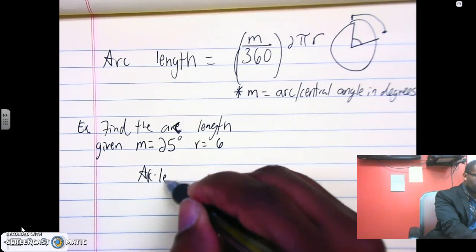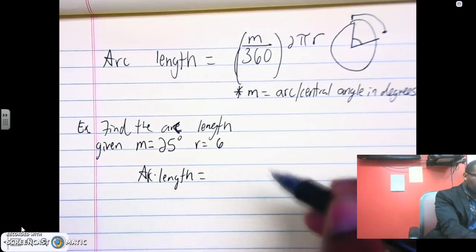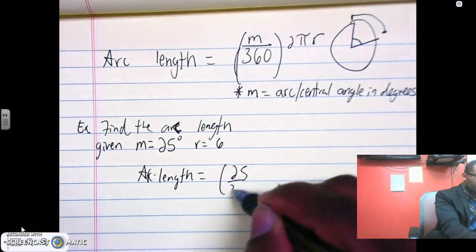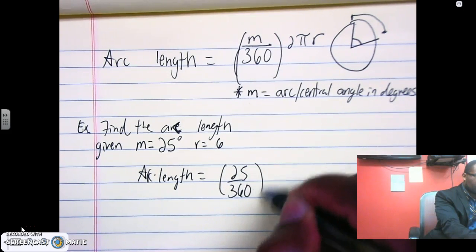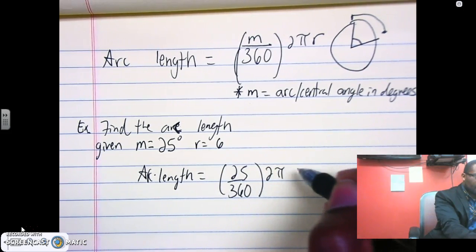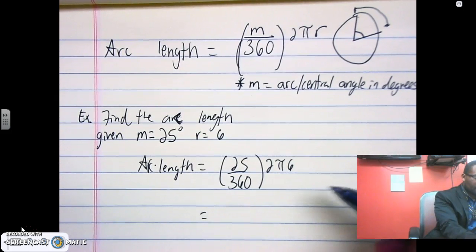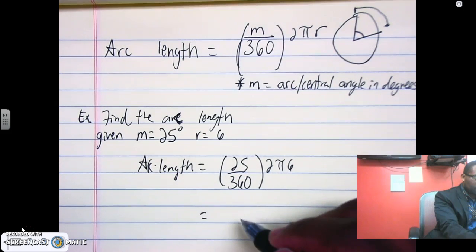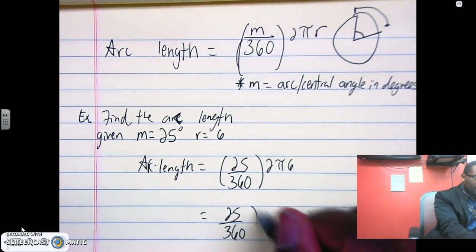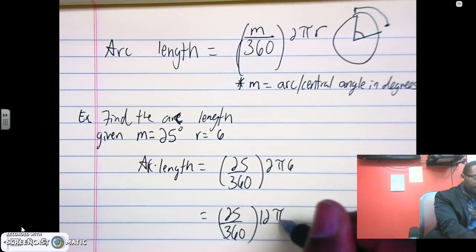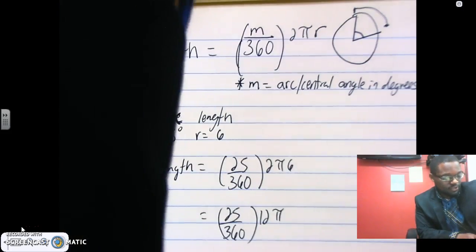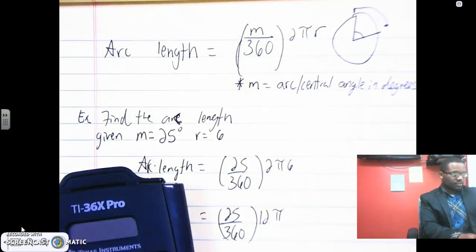is substitute into the formula where I put 25 over 360 times 2 pi times 6. You can simplify that to be 25 over 360 times 12 pi. So, there's a couple of ways you can work that.